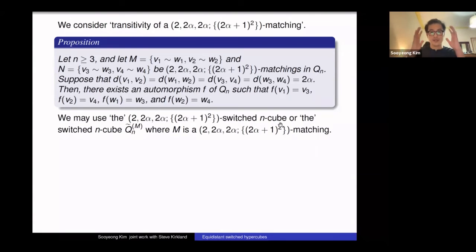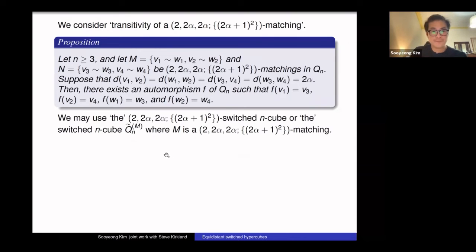In other words, given an n-cube, if you pick a particular equidistant matching with this parameter and perform switching there, you may call the resulting graph the parameter-switched n-cube. This allows us to analyze one specific graph instead of considering all the other switchings.